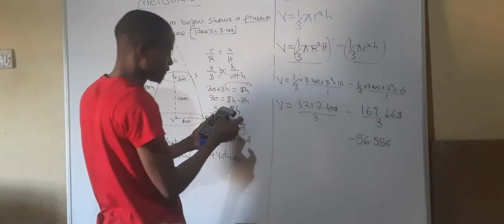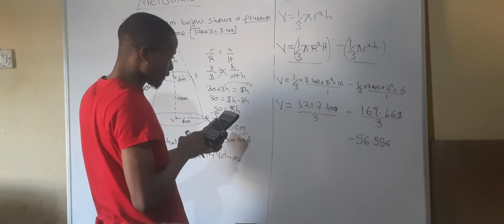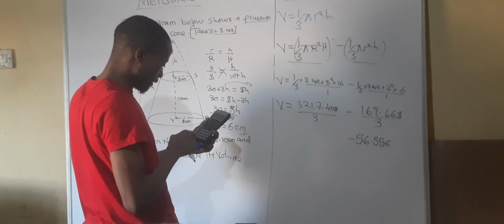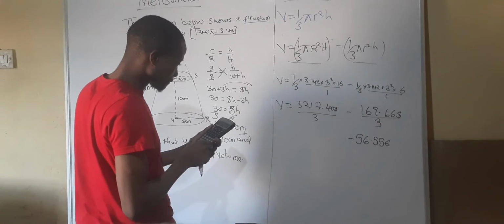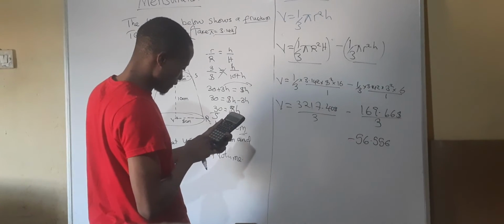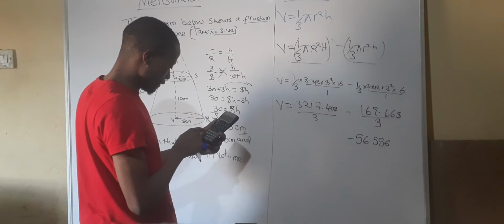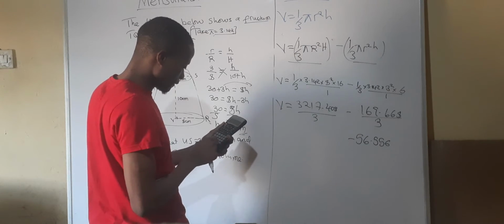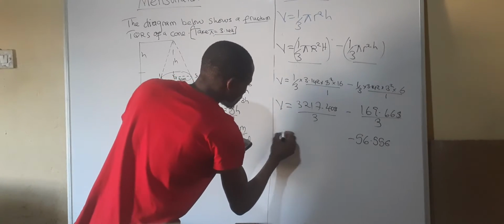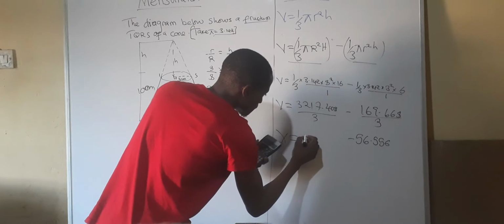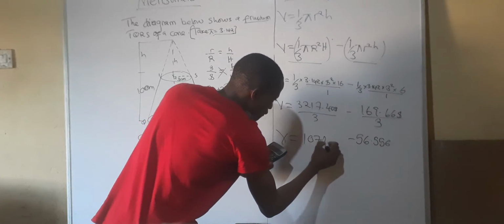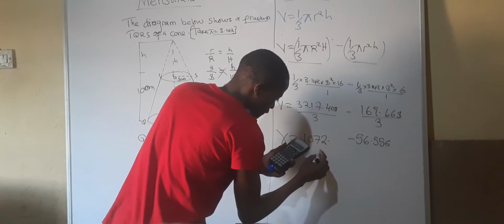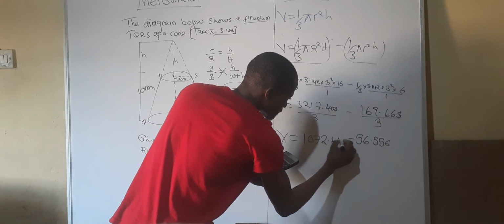Then we have to divide the one on this side, 3,217.408, divided by 3, which gives us volume is equal to 1072.469.